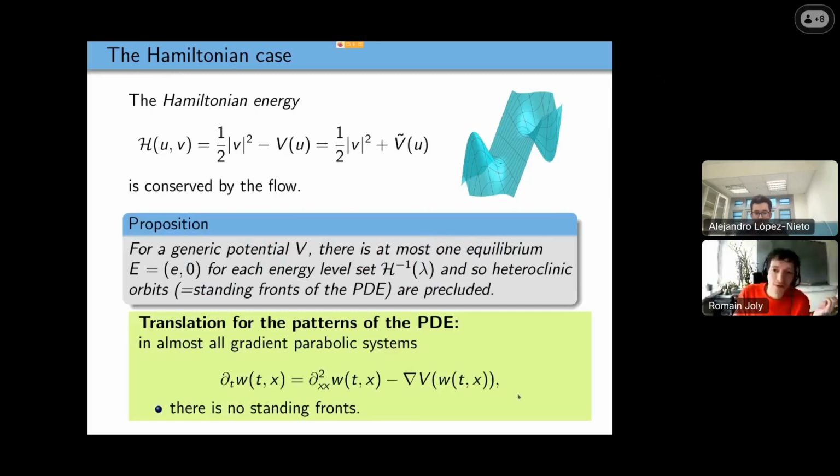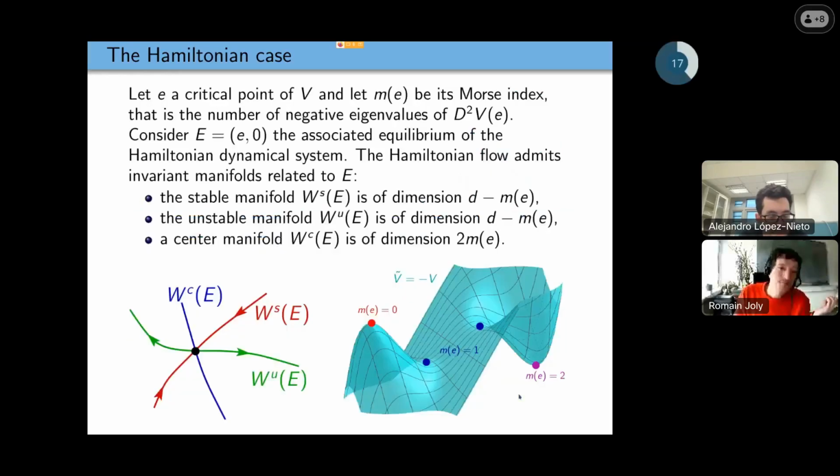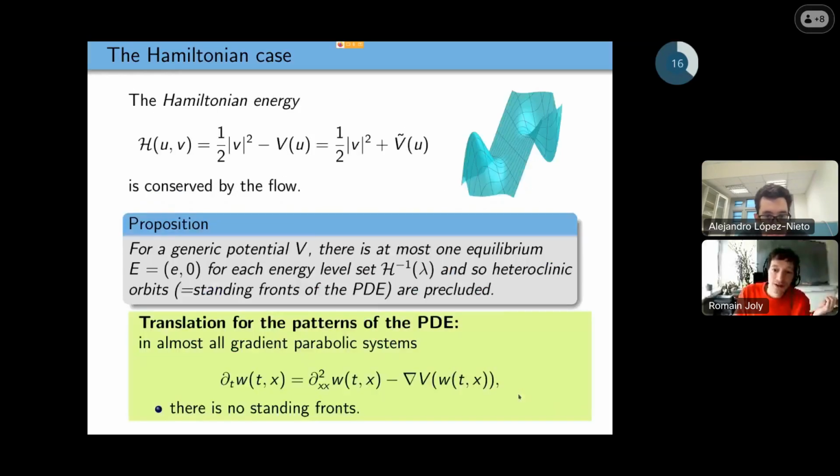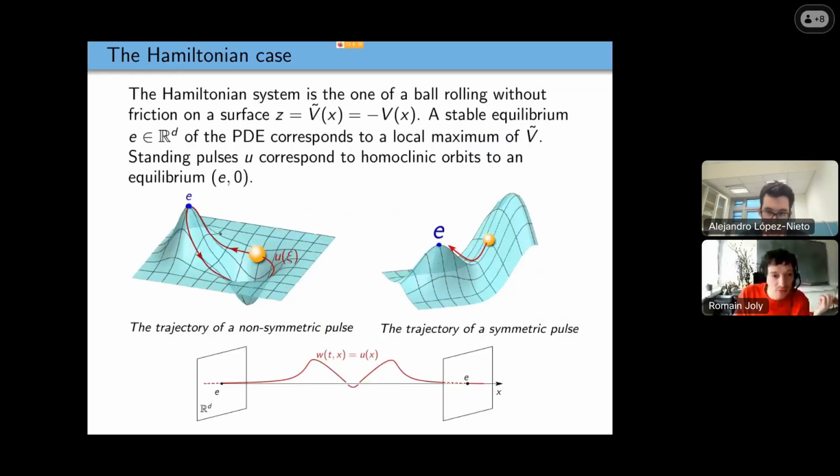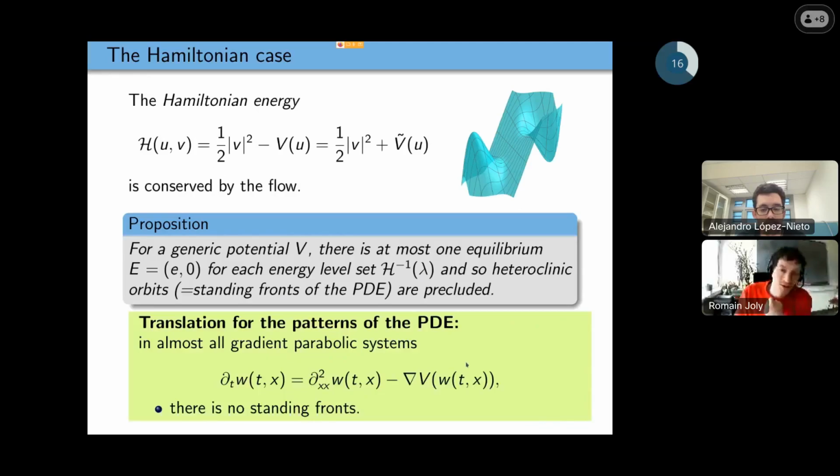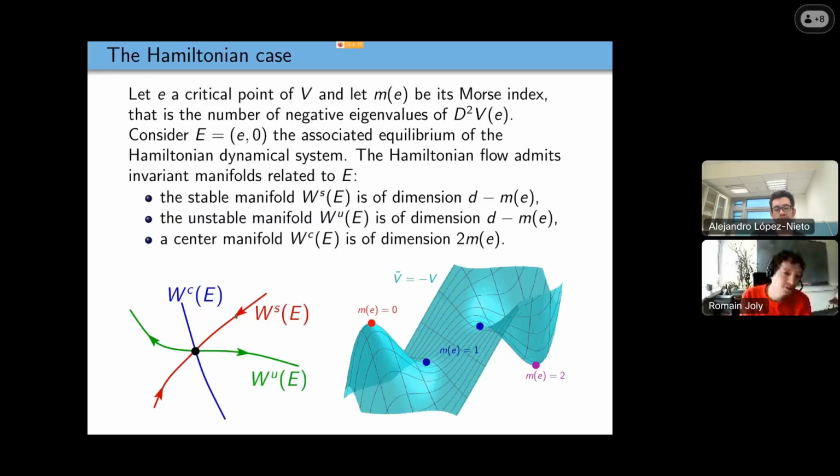And now it means that the important things are what are called homoclinic orbits, which are solutions that start from an equilibrium and go back to the same equilibrium. It's the only way you can see these pulses. To obtain important features about these pulses, you have to understand what is called the local stable and unstable manifold.